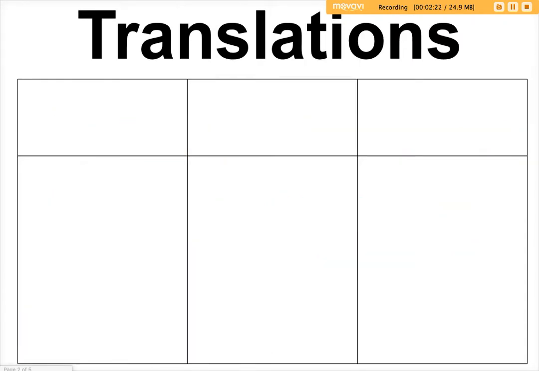Okay, next one. Let's clear that. The next box says translations. And we're going to talk about a few things with this specific transformation called a translation. So this first box says action, and what this is going to mean is what does a translation look like?